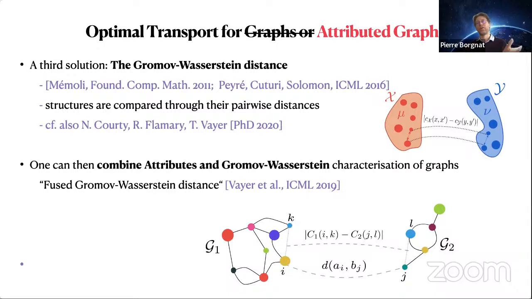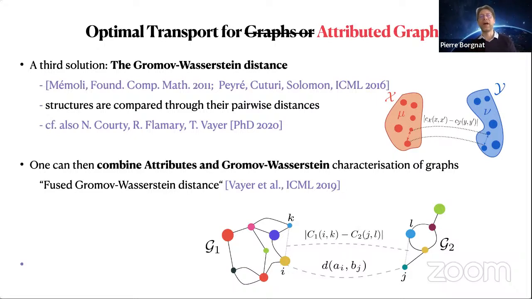The good thing is, you can do that on graphs. They have shown that you can easily combine this Gromov-Wasserstein approach to characterize the graphs with the attributes, when you combine this distance between the pairwise distances and another distance between the features on the node on the initial graph, a_i, and the features on the node on the target graph, b_j. And you can combine these two with some parameter, which is a trade-off between the structure and the attributes.